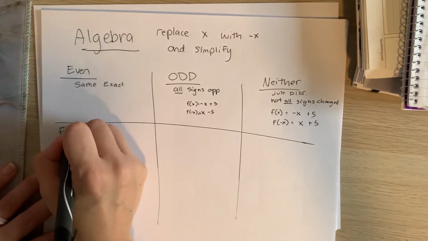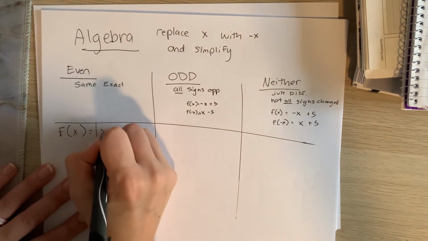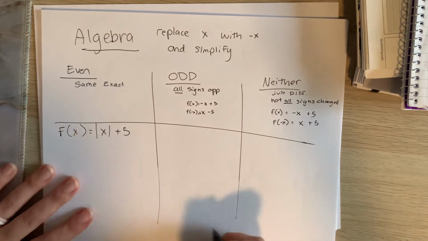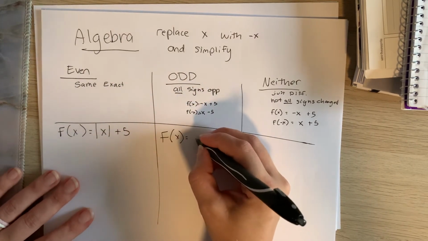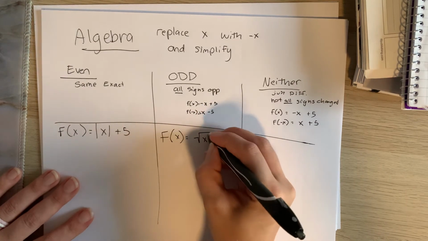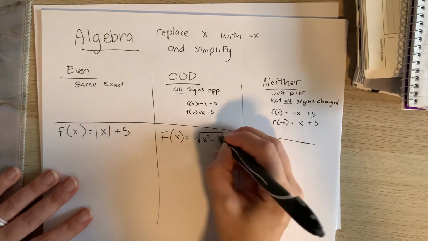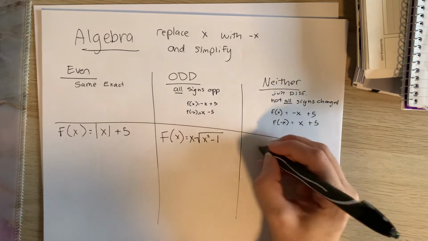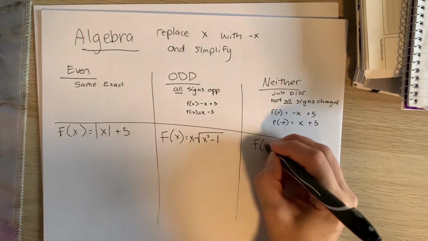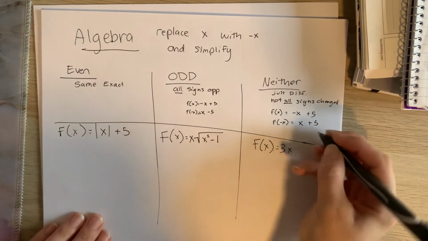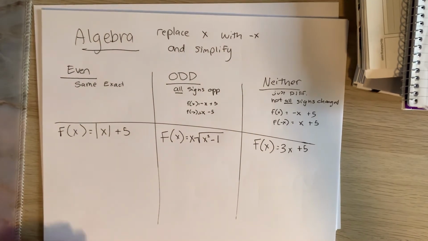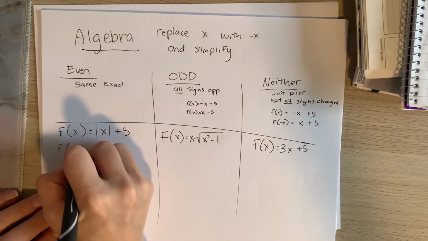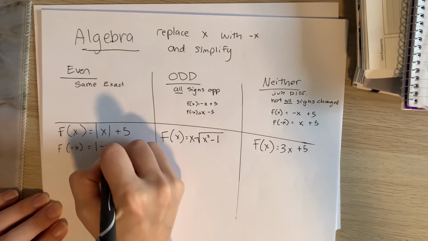So we'll do this one. And then we'll do this one. Alright, so for this one, replace all the x's with a negative x.